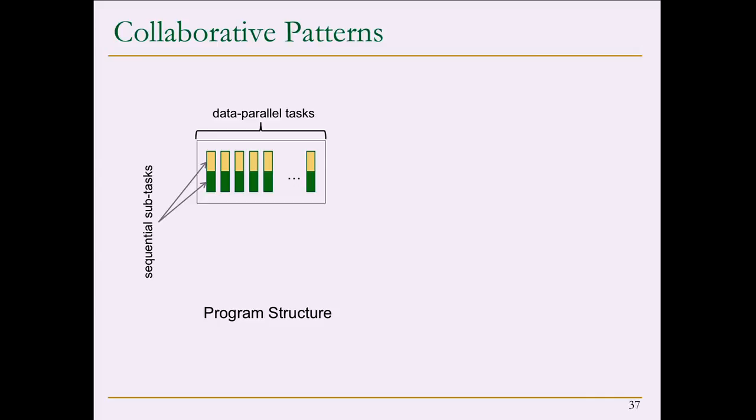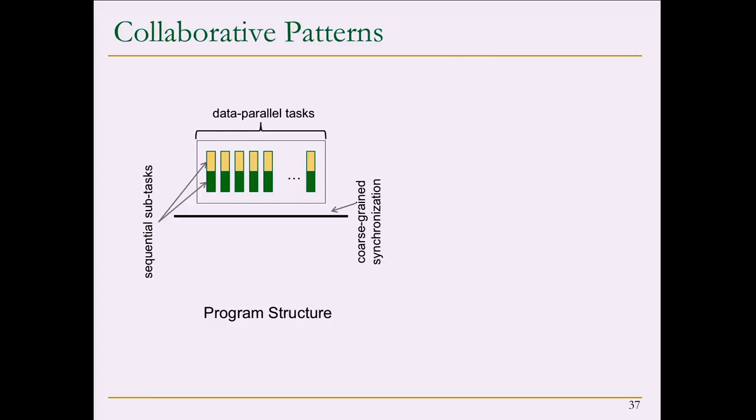And you know that every time we finish or terminate a GPU kernel, we have some kind of coarse-grained synchronization. In the traditional GPU programming model, each of these data parallel tasks can be assigned to one GPU thread.